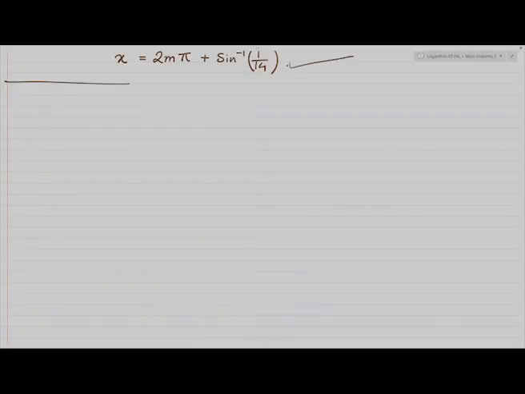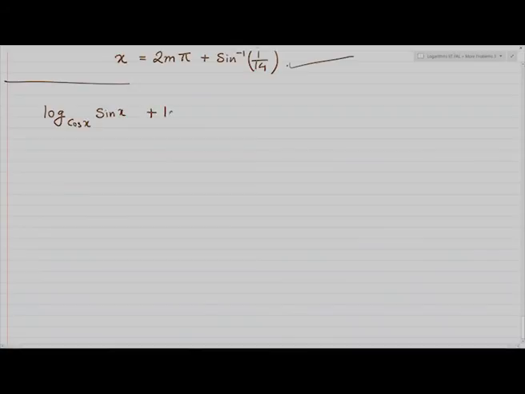Okay. This time I will introduce more complication. I will introduce trigonometric function in the base. So, it is log of sin x with base cos x.